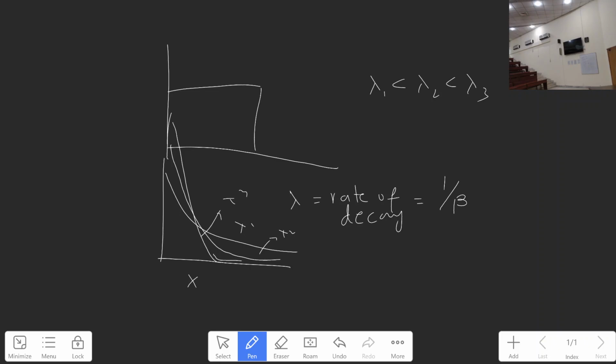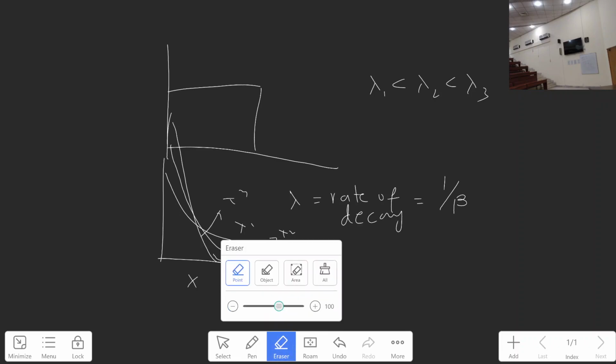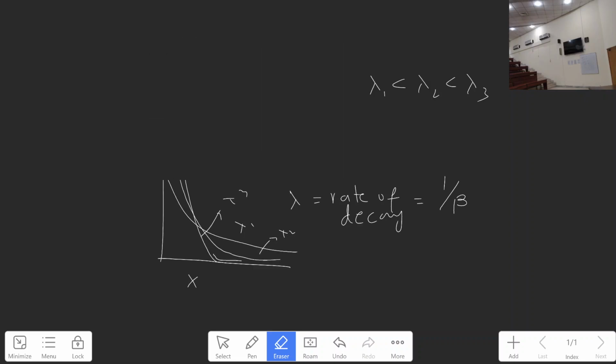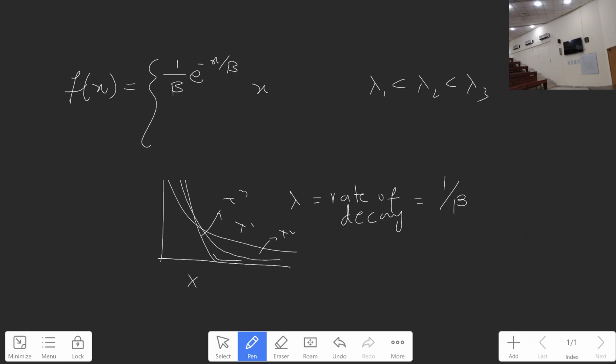This kind of distribution we write as, let's clear some space for ourselves, f(x) equals 1 over beta e to the minus x over beta for x greater than or equal to 0, and 0 for x less than 0.